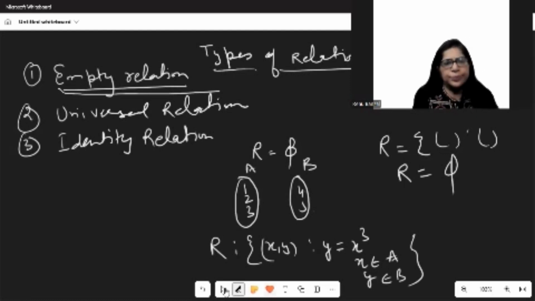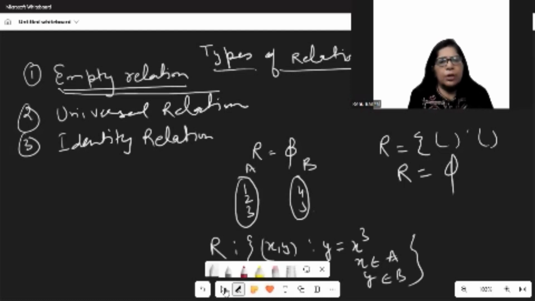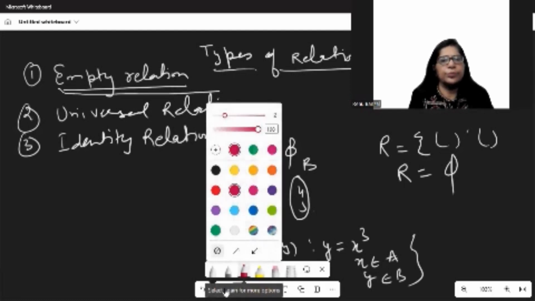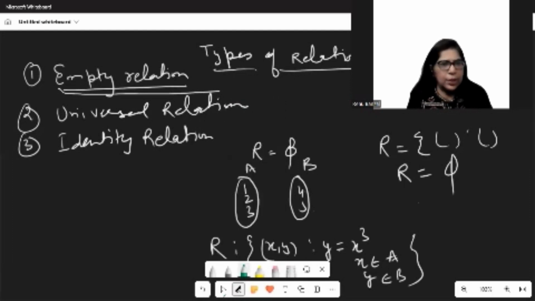ठीक है बच्चा जी, चलिए बच्चा, अब let's talk about another thing, that is universal relation. Fine. Now we'll talk about universal relation.